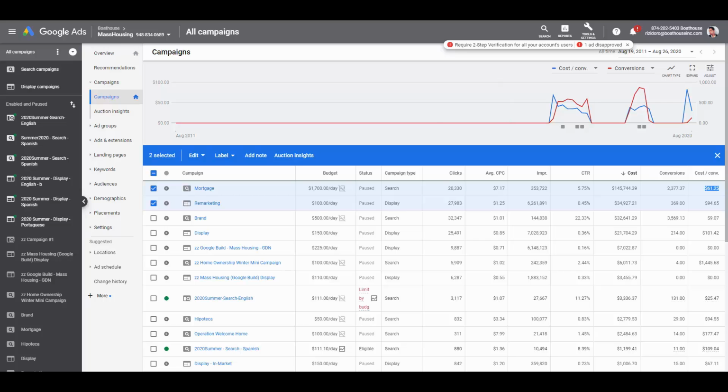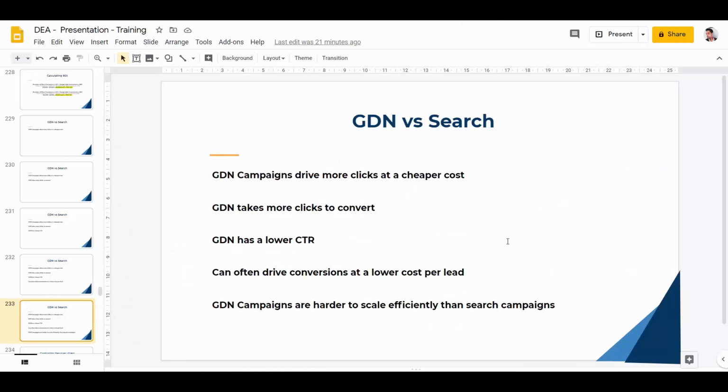But anyway, that's the insight that I wanted to give you, that results will vary, okay, based on your industry, your website, and the offers that you have on your website. That's why you have to run both and eventually see what performs best. But that's it. These are the things that you have to keep in mind when you run GDN versus search. That way you're not surprised by any of these stats. And I'll see you in the next lesson.